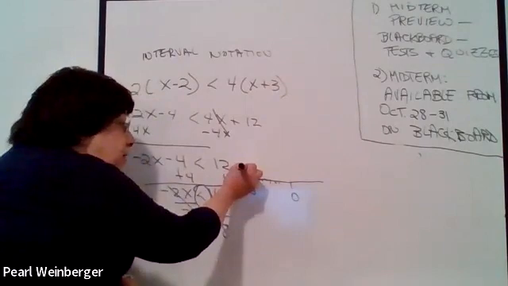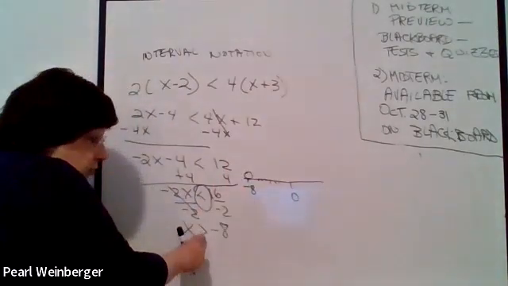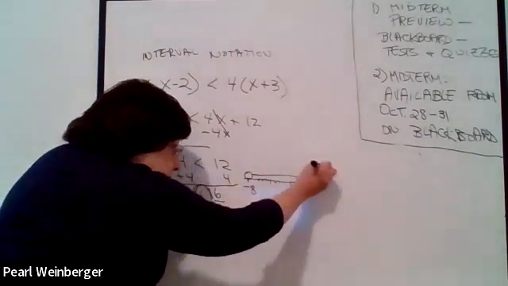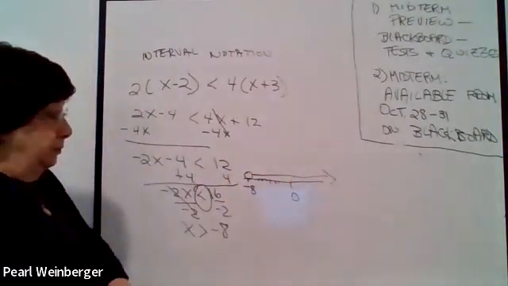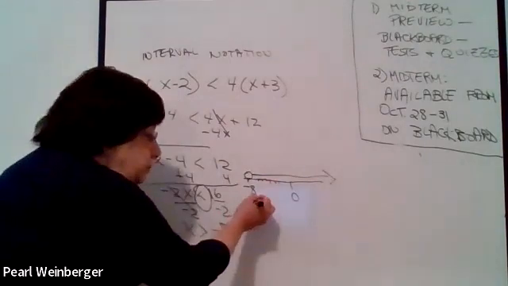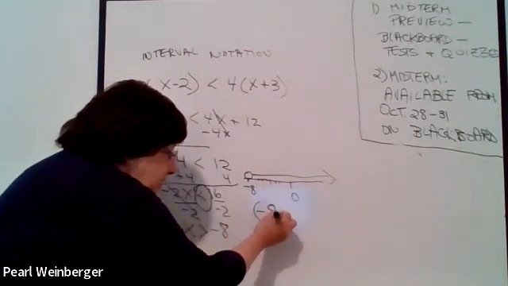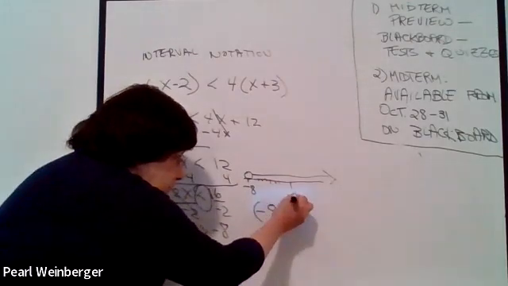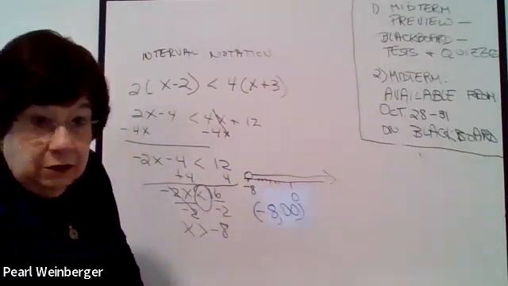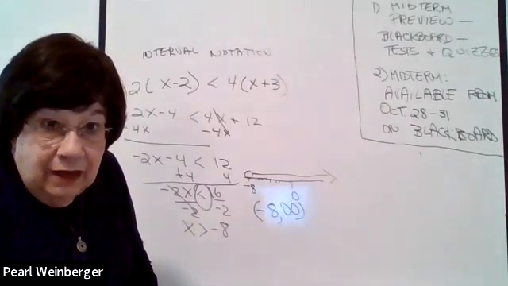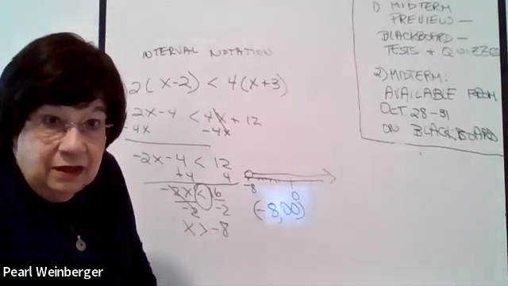So it would have to be an open circle because it's just a greater than, and the arrow has to point to the right, which means that we have parentheses, negative 8, comma, infinity, parentheses. Which is perfect.